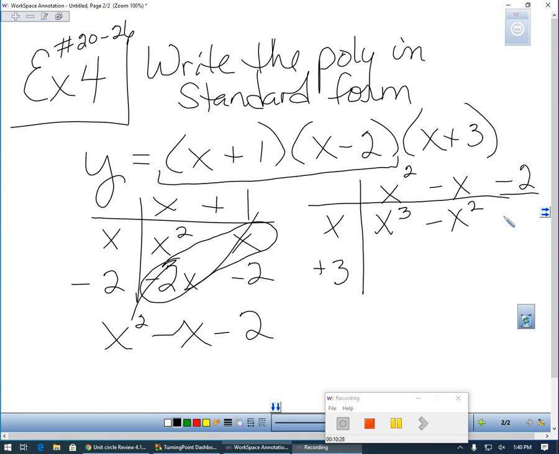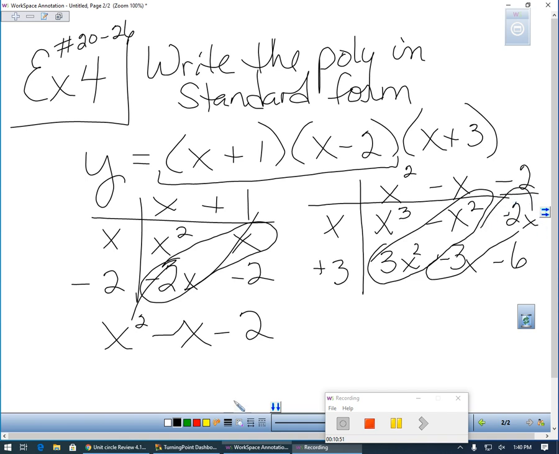X times negative 2 is negative 2x. X squared times 3 is 3x squared. Negative x times 3 is negative 3x. And negative 2 times 3 is negative 6. And you'll notice your diagonals add together.